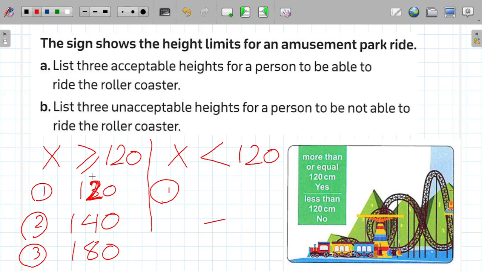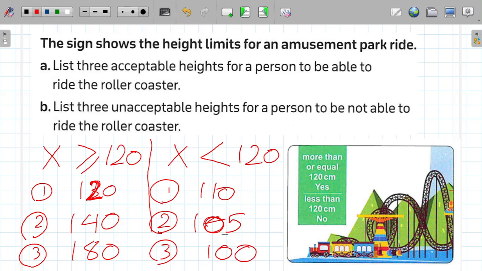Okay, but here 120 is not with us in this inequality. Okay, so I can say the first one here will be 110, maybe 105, maybe just 100.